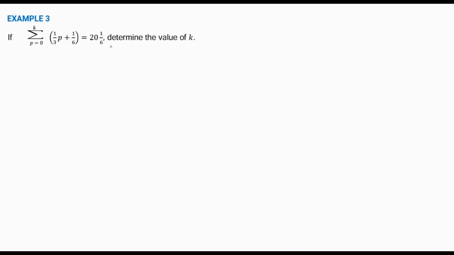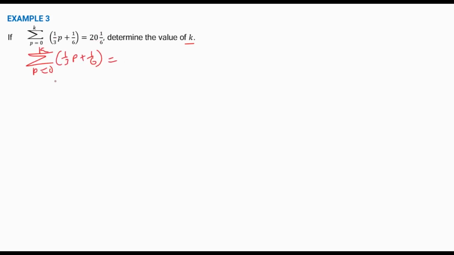If this series is equal to 20 and 1 over 6, let's find the value of k. Right, so this means that we're adding 1 over 3p plus 1 over 6 from p is equal to 0 up to p is equal to k to give us 20 and 1 over 6. So it's going to be like this.